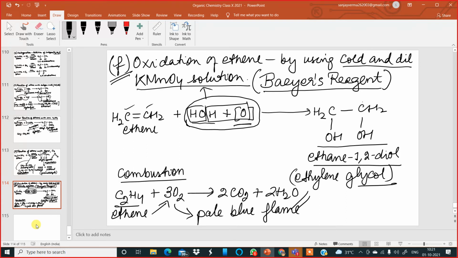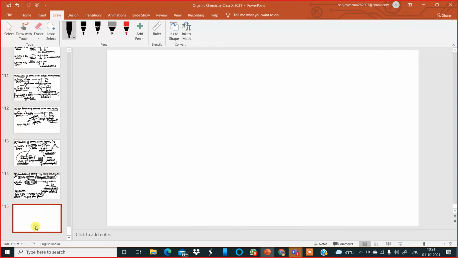Ethene burns in oxygen with a pale blue flame. So these were the oxidation reactions of ethene, oxidation and combustion. The next addition reaction we can talk about is the polymerization reaction. The next chemical reaction is called polymerization.